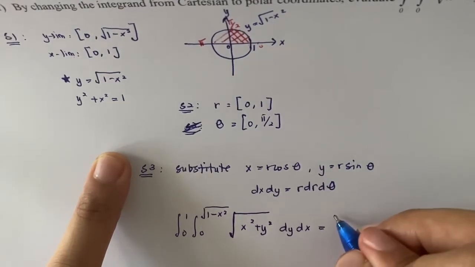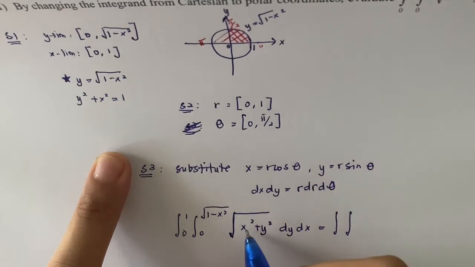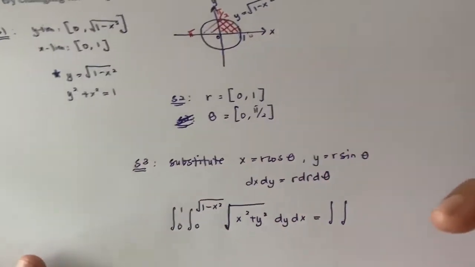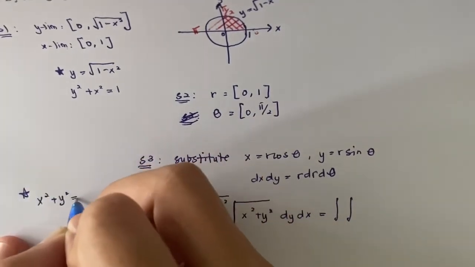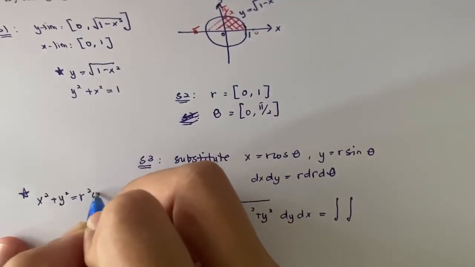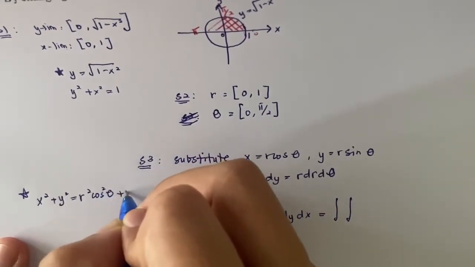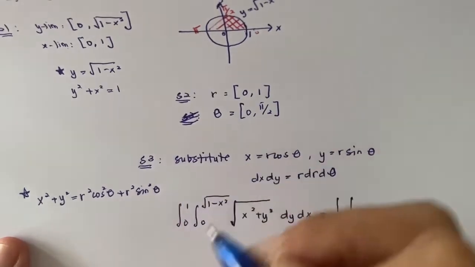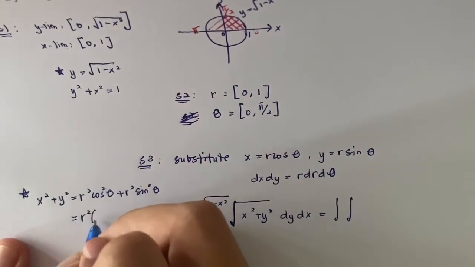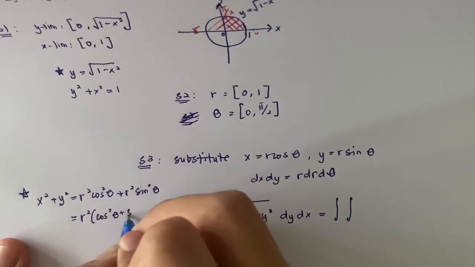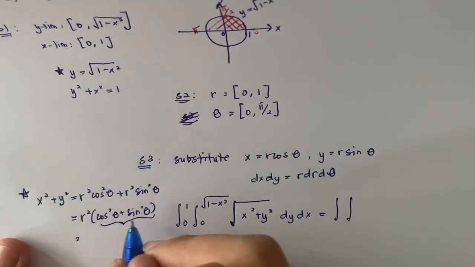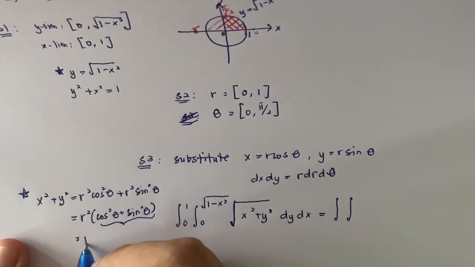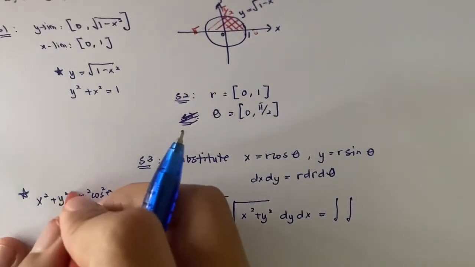Substitute x square plus y square, which is equal to r square cos square theta plus r square sin square theta, and then r square times cos square theta plus sin square theta. From the trigonometric identity, cos square theta plus sin square theta is equal to 1. So x square plus y square is equal to r square.